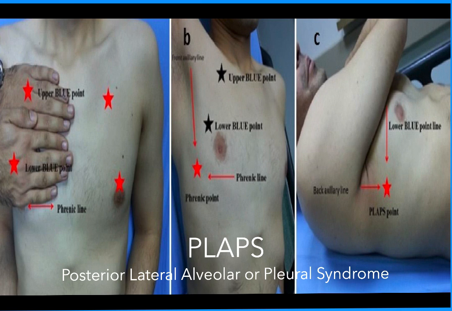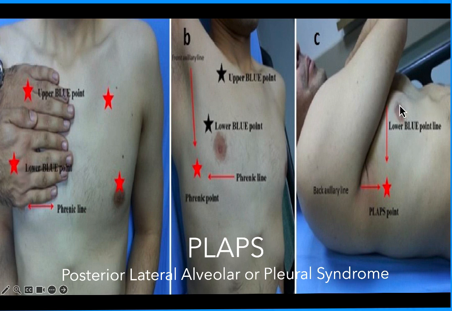So in this study, if you take both hands and place one hand inferior to the clavicle and the other hand below it, excluding the thumbs, the middle portion of your upper hand is called the upper BLUE point. The middle portion of the lower hand is called the lower BLUE point.